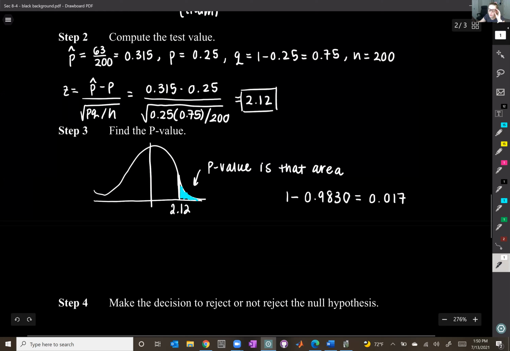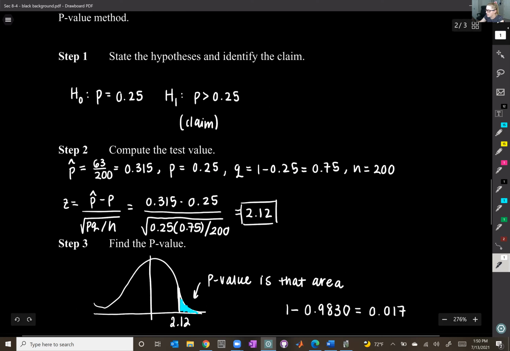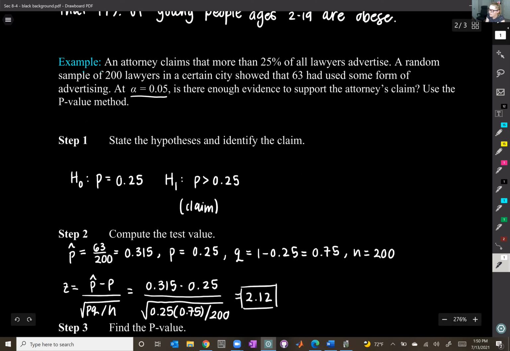Okay, so what we do with this now is we make our decision to reject the null or not. And if you recall my lecture video, if the p-value is less than the level of significance, or alpha, so in our case, if p is less than 0.05, then we are going to reject the null.